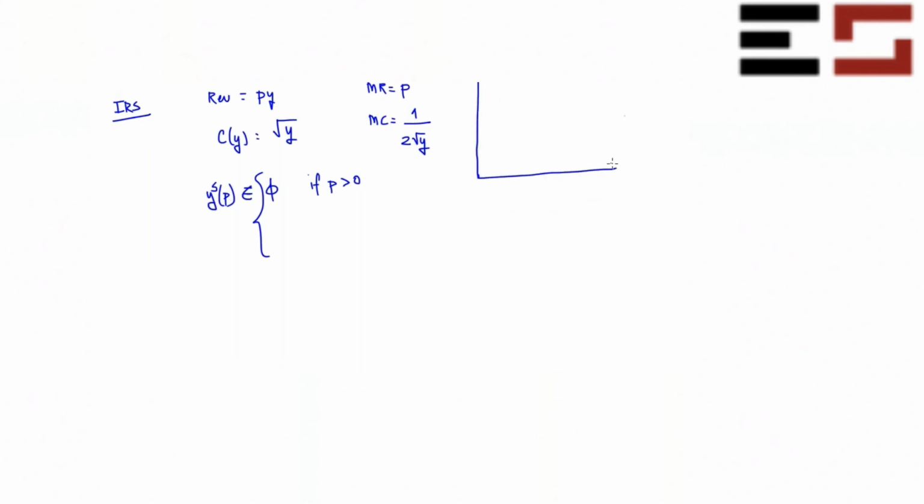So you will only make losses if you try to produce a positive amount of output, and therefore you choose 0. Is that okay? Have you all understood this? Okay, good.